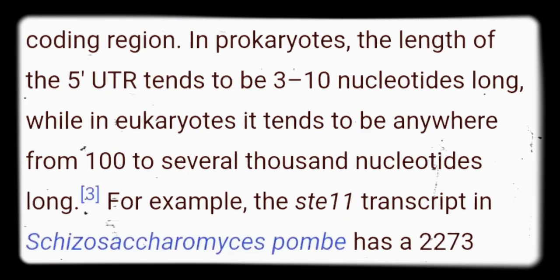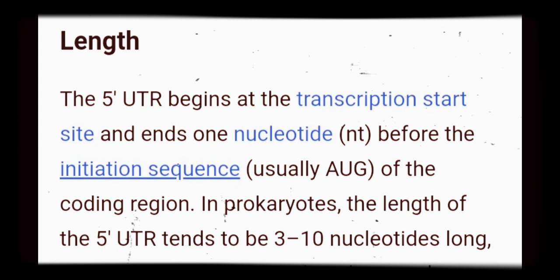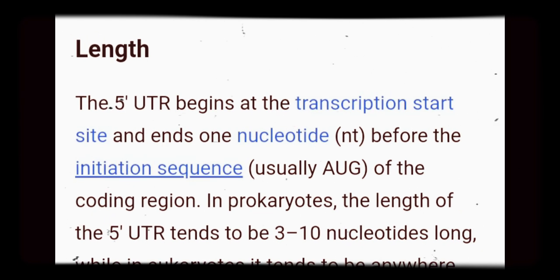Now the length and general structure: the 5' UTR begins at the transcription start site and ends one nucleotide before the initiation sequence of the coding region.